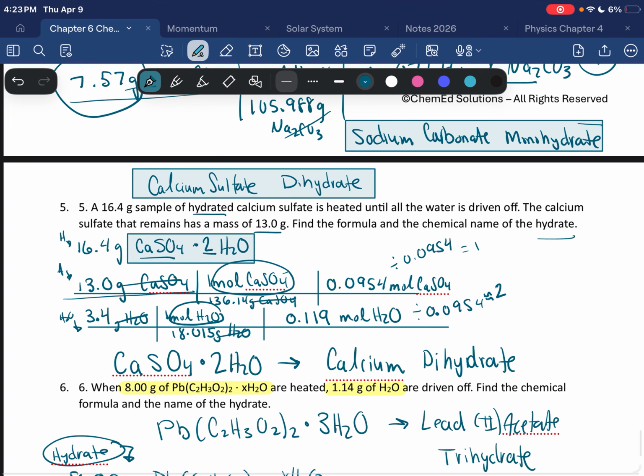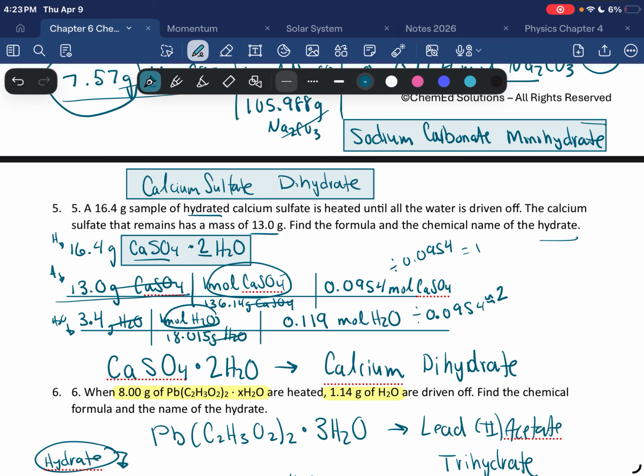All right, now this one is telling you that the sample, when it's wet, the hydrate has 16.4 grams, and it's heated until all the water's off. The calcium sulfate that's left has 13.0 grams. That means you lost 3.4 grams of water.